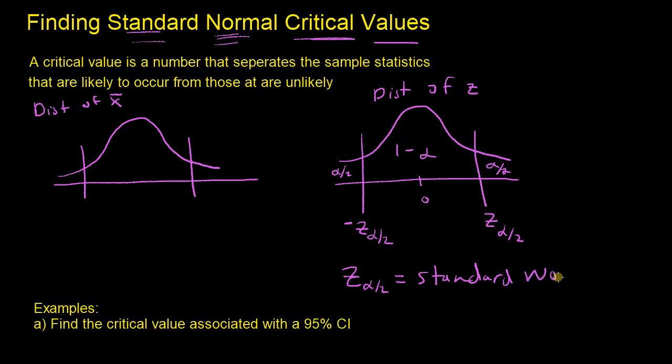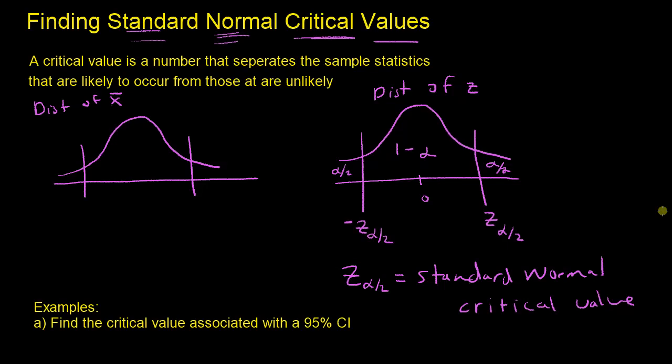We're going to practice how to find these. We use these in creating confidence intervals, so it's really important that we know how to calculate the standard normal critical value so that we're able to calculate our confidence interval in the next video.